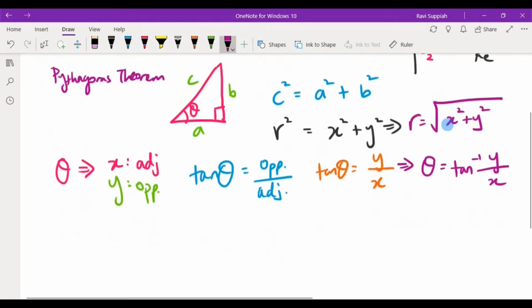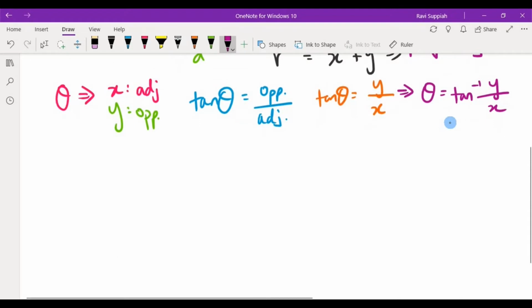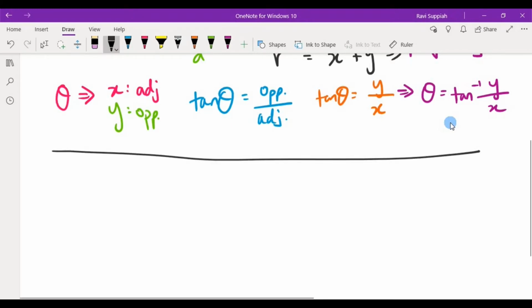Now, let's look at an example and work it out. So this is the understanding part, and now we're going to look at some examples. Let's say you're given 3 plus j2.